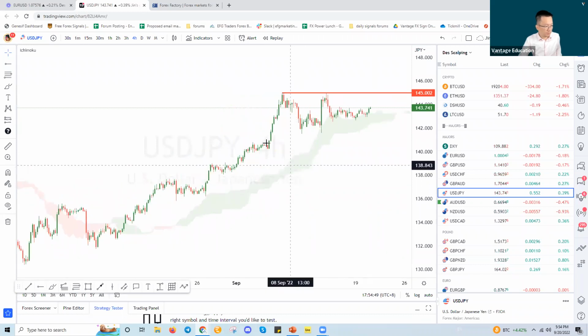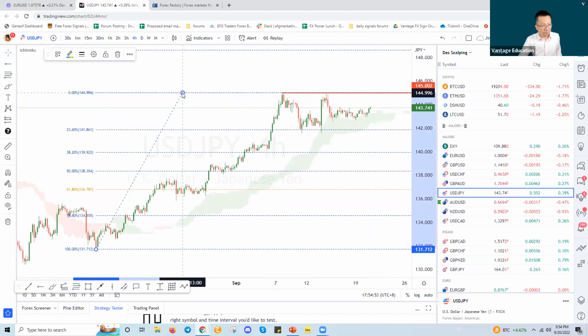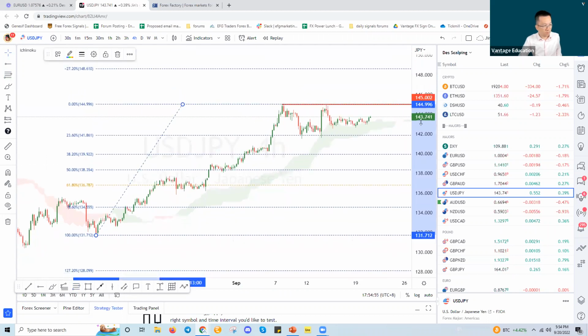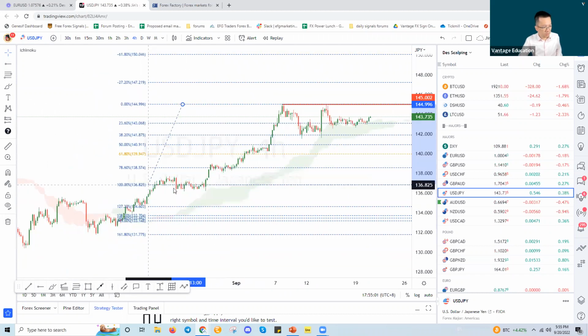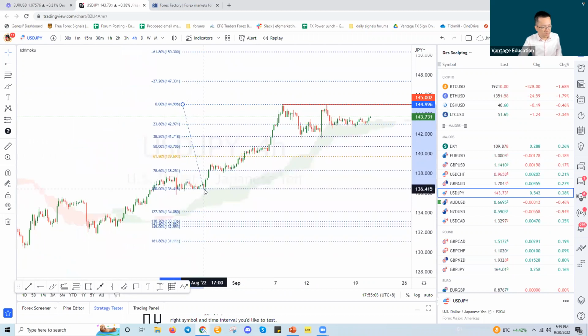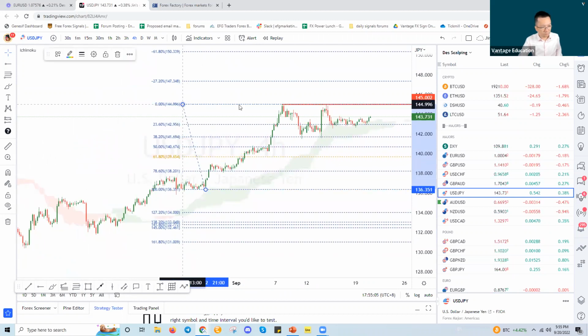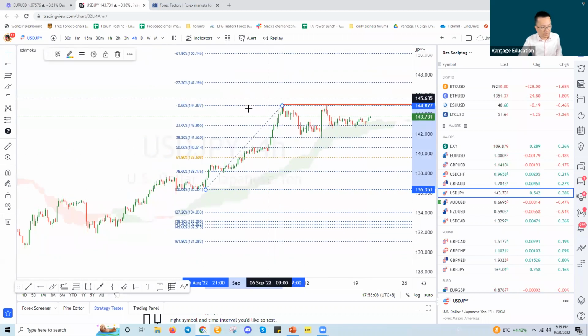Where was it ahead? Let me see. Was it that move towards the 148? I don't think I had that. Let me just check. Okay, I had that one first. So from that recent bounce towards that recent high point, to the 147.20 level. I was remembering 127.20.